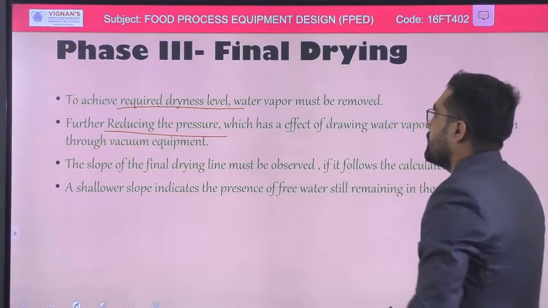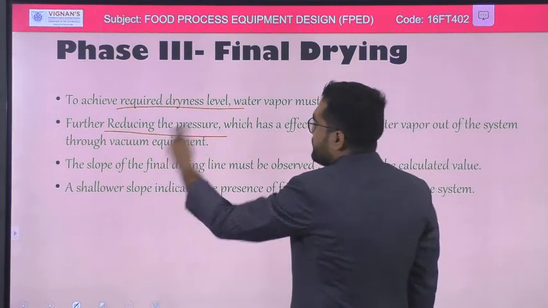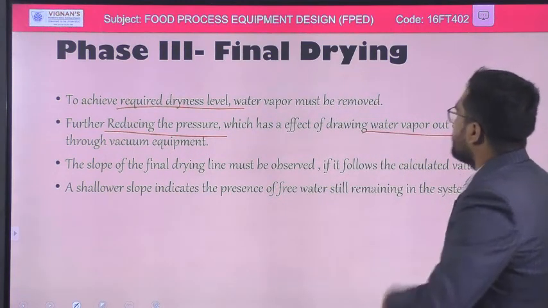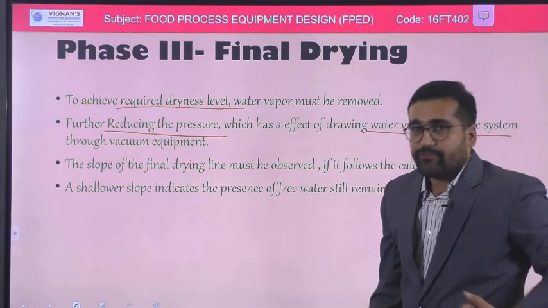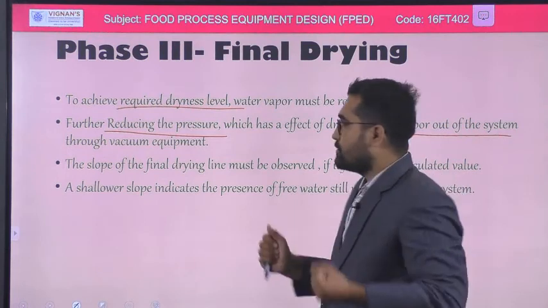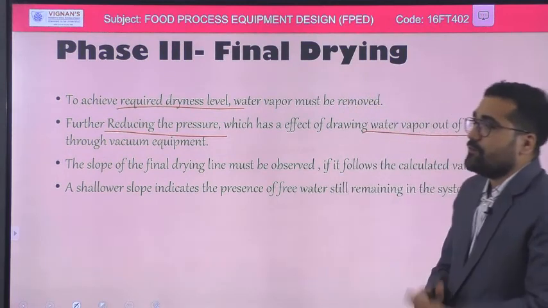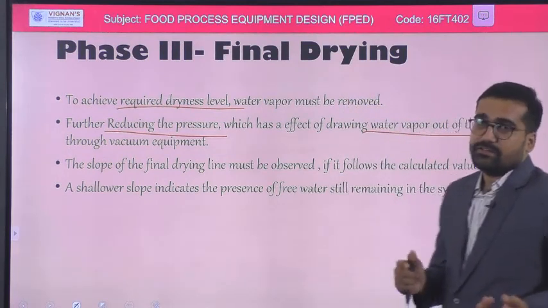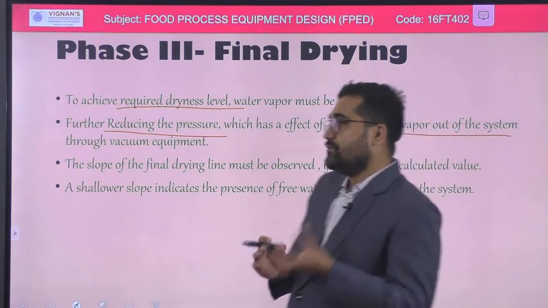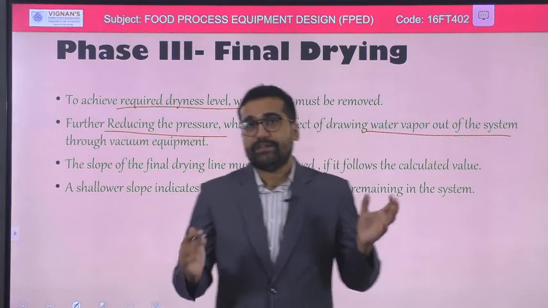we reduce the pressure further so that we can make the water vapor, we can bring out the water from the system. We can bring out the bound water from the system also with the help of increasing the vacuum inside the system. So we try to remove the trapped water also by increasing the vacuum.